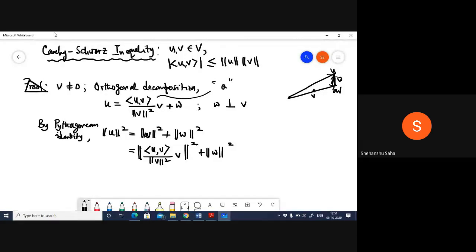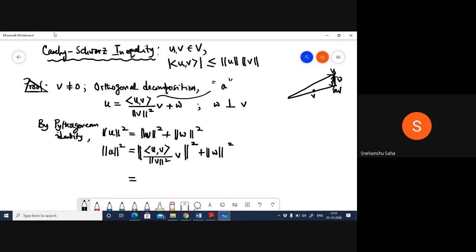Now, what can we conjecture from this equality? Let me write this norm of u squared. Please note that all of these entities, on the left hand side and on the right hand side, are greater than or equal to 0.